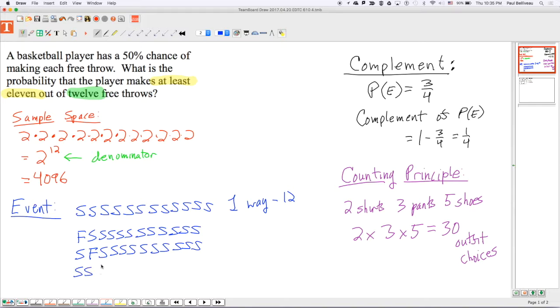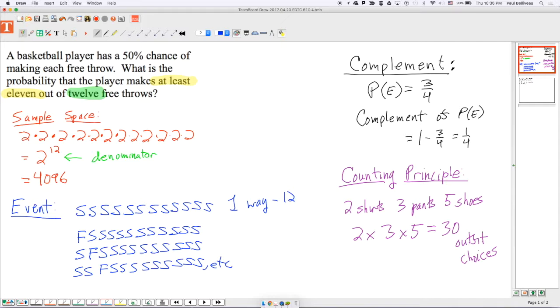We could succeed twice, fail the third time, and again, if we were in control, we could choose to succeed 9 more times, and I could keep playing this game. But what I'm hoping you'll see is the number of ways you can fail once is really just a choice of where you would place the failing free throw.